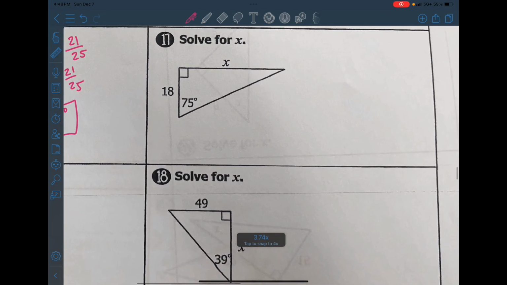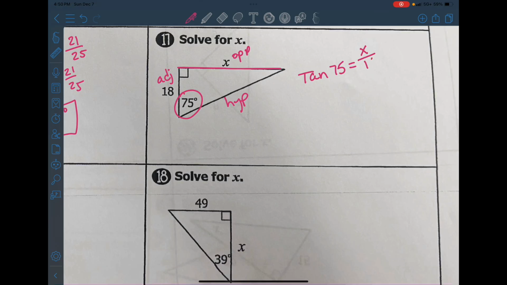All right, so we're going to find a side now. We have this side. We're looking at this angle. Here's our hypotenuse. We don't have that, so we can't use it. So we're not going to use sine or cosine because they have hypotenuse in them. So we've got to figure out which one's adjacent, which one's opposite. 18's touching that, so that's my adjacent. This one's my opposite. So I'm going to go tangent of 75 equals opposite over adjacent.